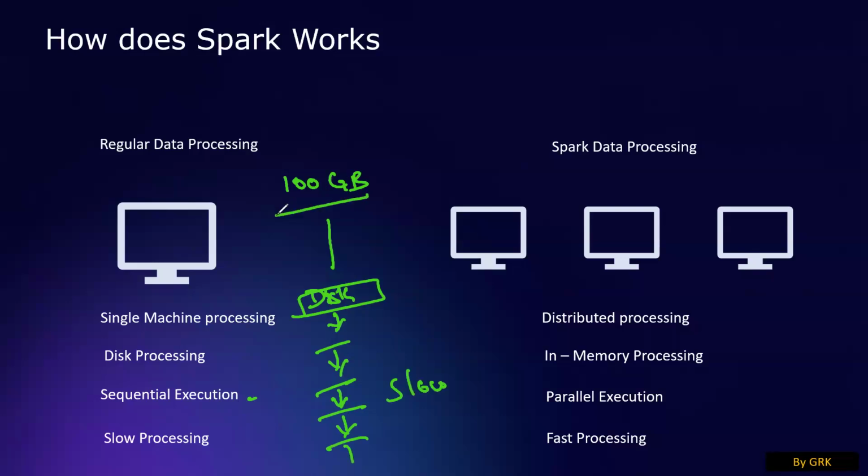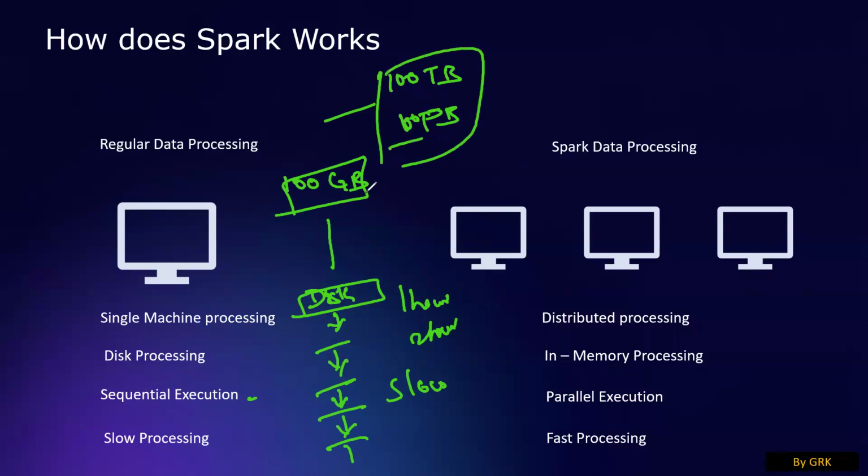To process 1 GB, you might take 1 or 2 hours. Let us think about today's world. We would be handling 100 TB, 1 petabyte, or sometimes 100 petabytes of data. If you wanted to handle this much data, it could take days to run. So this is the old approach.